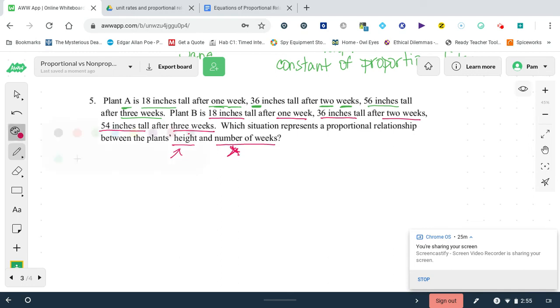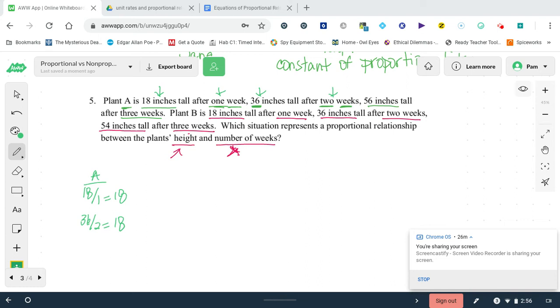We'll take a look at plant A. First it was 18 inches in 1 week. So 18 divided by 1 is 18. And then it was 36 inches in 2 weeks. So you take 36 and divide it by 2, you also get 18.